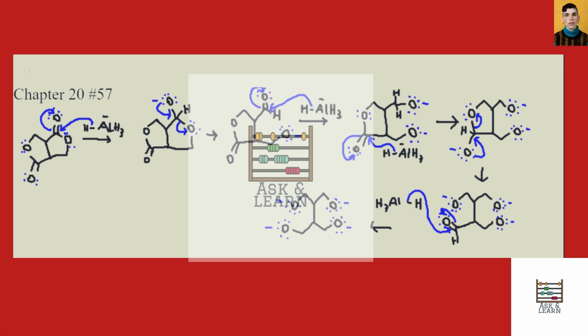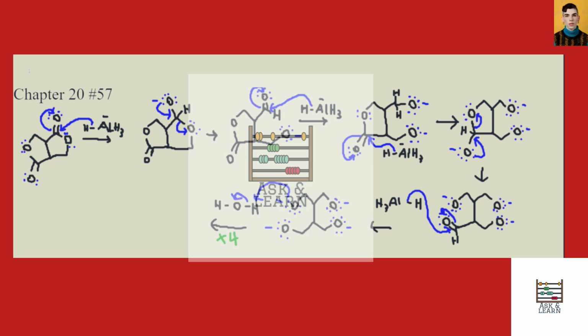And rather than draw this 4 times, I'm just going to draw it once. So now when we work the reaction up with some water, each of the alkoxides will be protonated. So I'll just draw it once, as I said, but understand here I'll put a times 4.